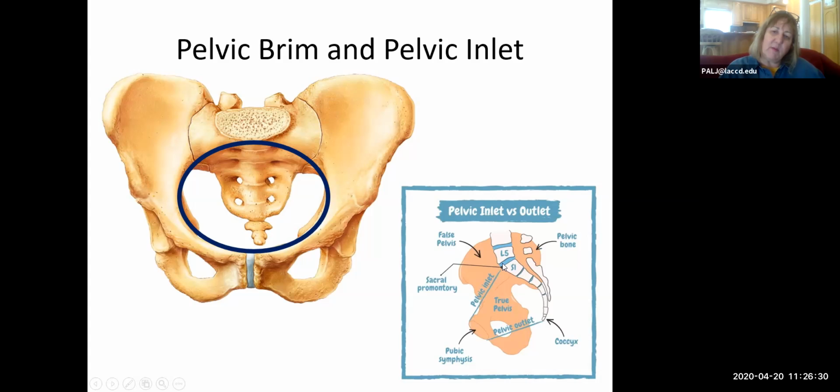It is represented by this blue line right there. It's also known as the pelvic inlet, because if you were to put a piece of plastic at the level of the pelvic brim, if you are above it, you are not in the pelvis. You are still in the abdomen. You're below the levels of the tops of your hip bones, but you are still in the abdomen. You have to be below the level of the pelvic brim to be in the true pelvis.